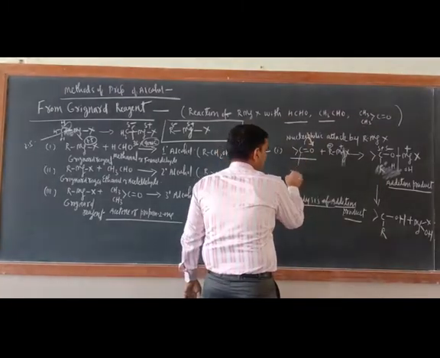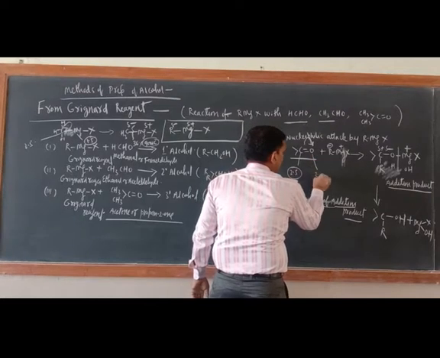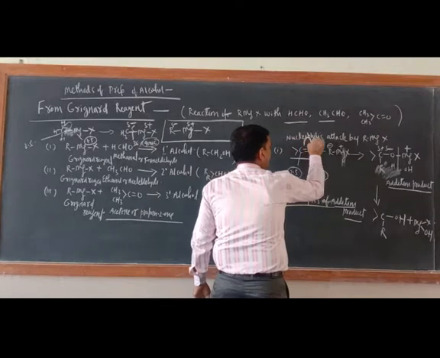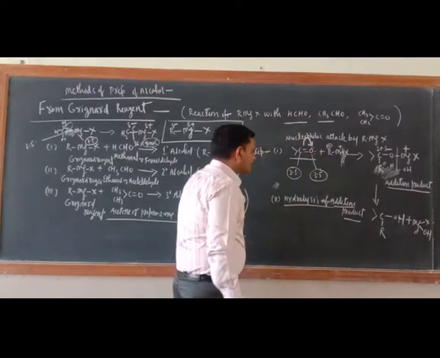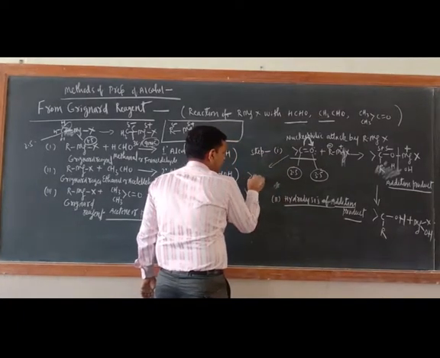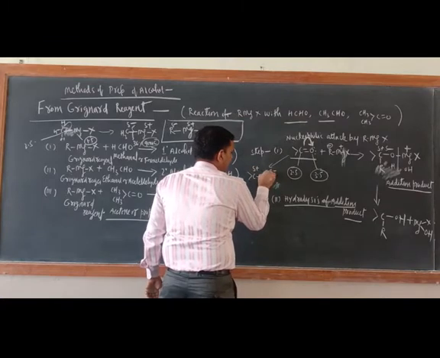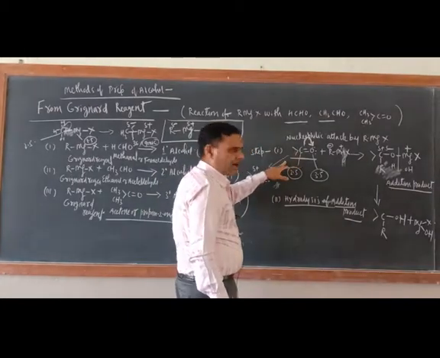Because carbon electronegativity is 2.5 and oxygen is near about 3.5. So this bond pair electron will be shifted towards the oxygen atom. So this will be C double bond O, with carbon slightly positive and oxygen slightly negative. So this is polar or not?